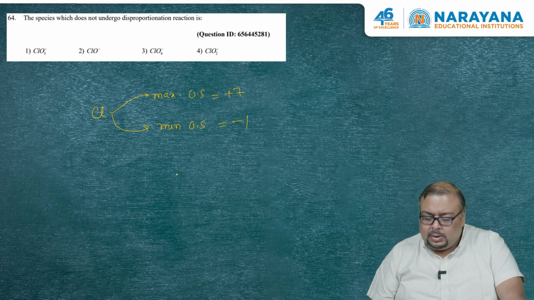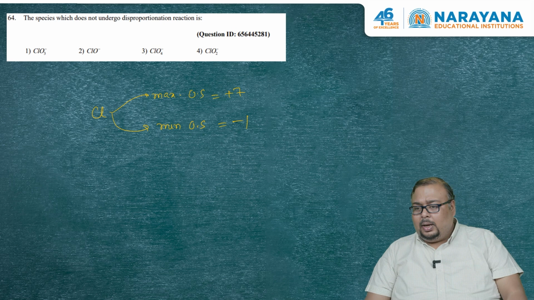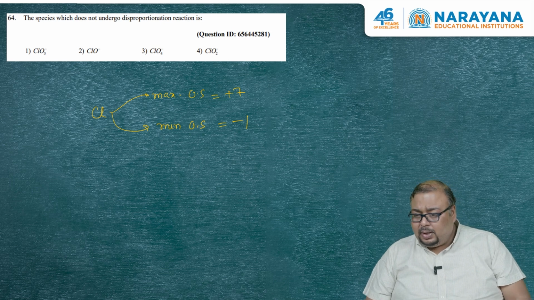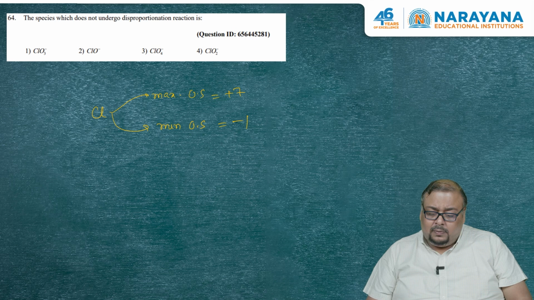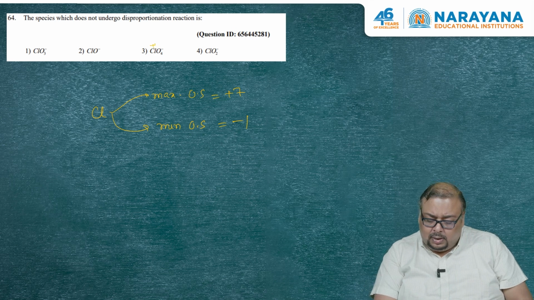We have to check which case satisfies either of the two conditions. That is happening for ClO4 minus, where chlorine is in +7 oxidation state. So the correct answer should be option 3.